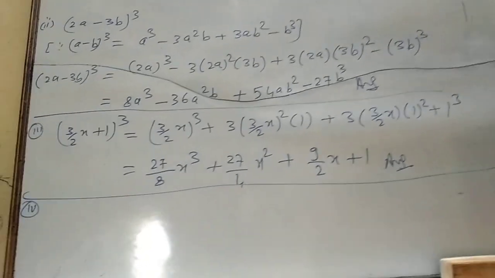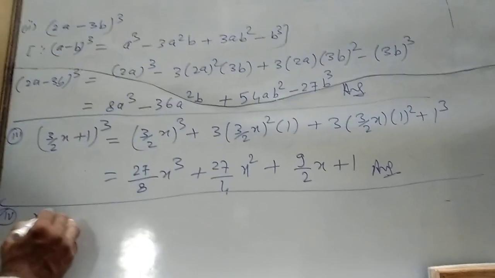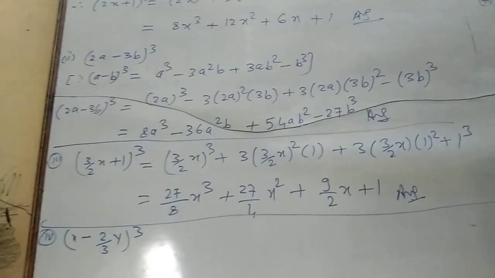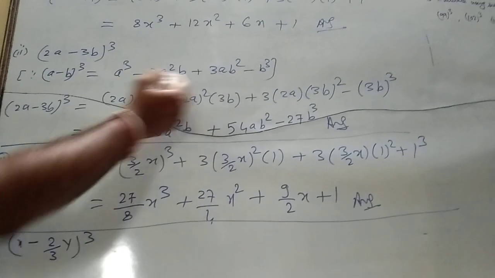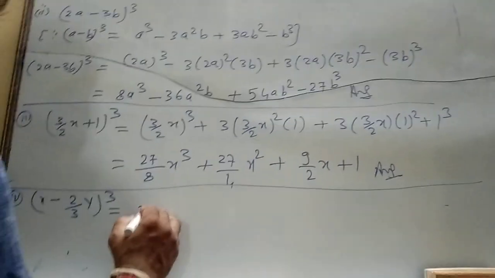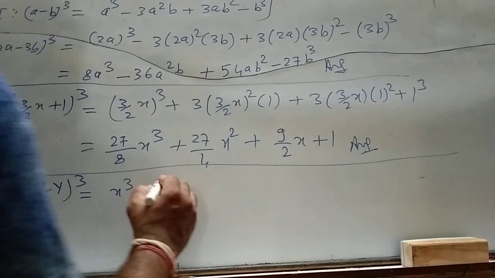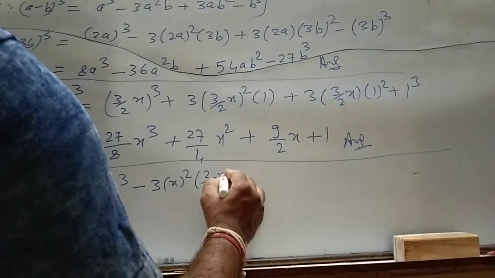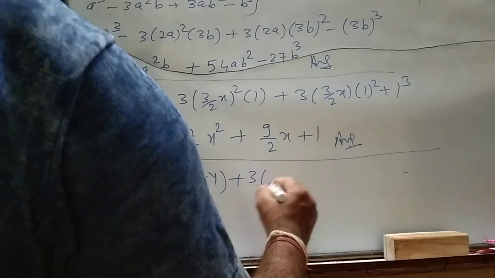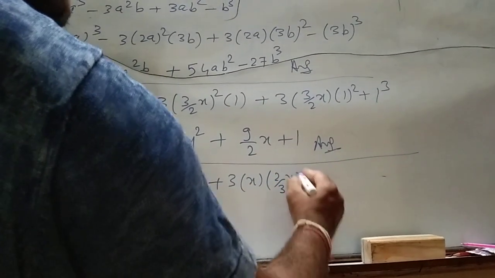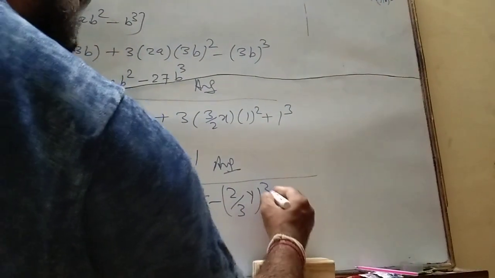Fourth part of this question: (x − 2/3 y)³. Here we will use (a − b)³.